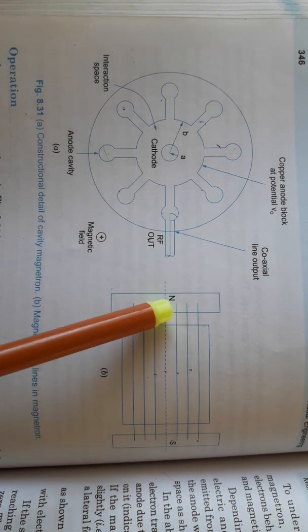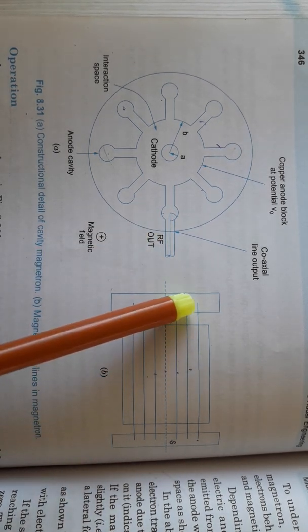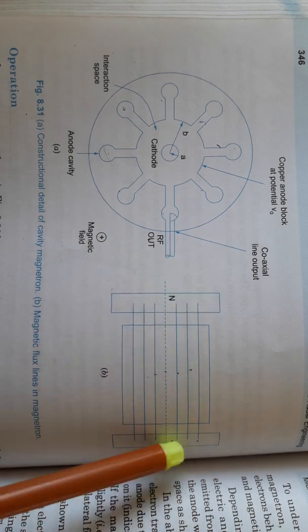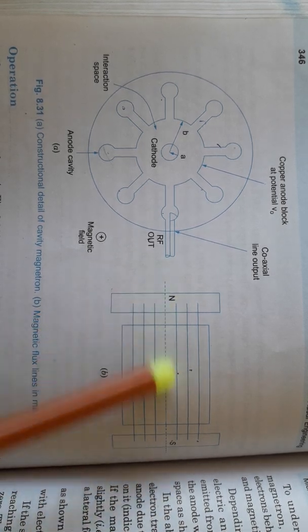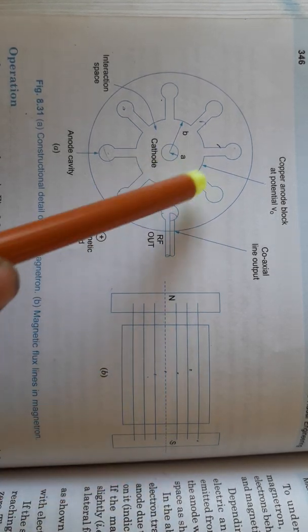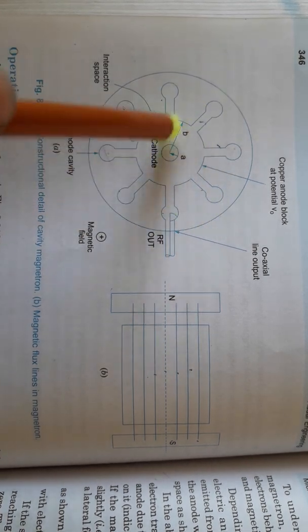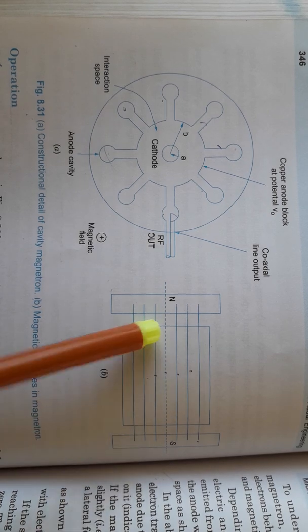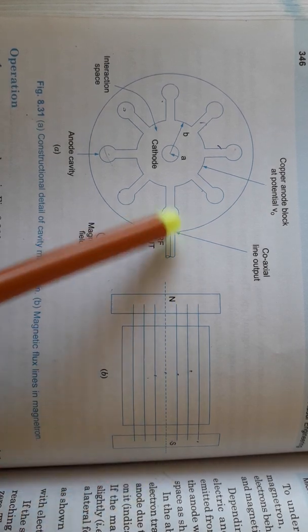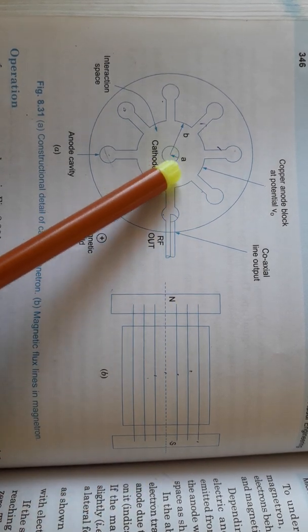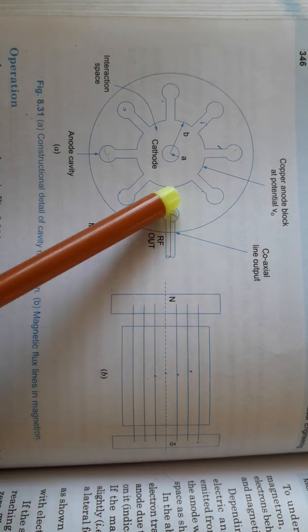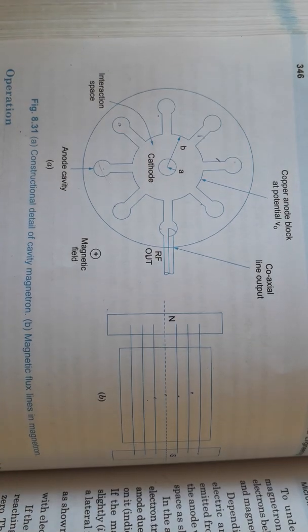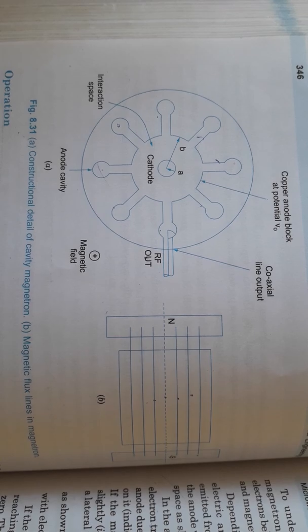So the magnetic lines of force from north to south are propagating along the axis. If we observe the diagram, it is coming out of the diagram, so it is axial. But if we observe the electric field, it is along the radius of this structure, so it is called radial.